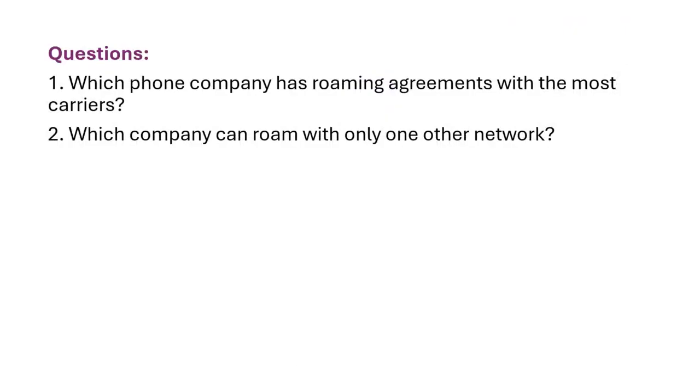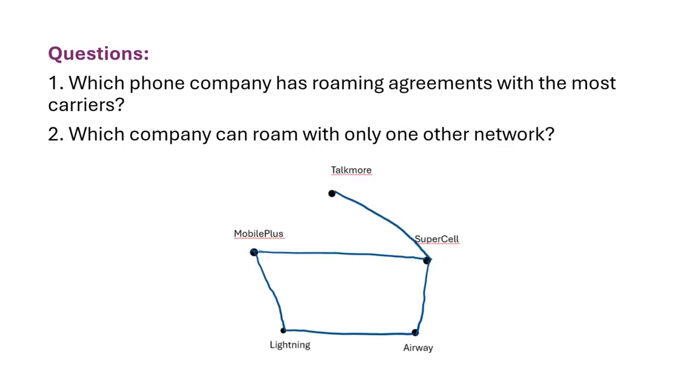And I have some questions to demonstrate this. Number 1, it says, which company has roaming agreements with the most carriers? Well, if I look at the graph, all I need to look for is the vertex that has the most connections. And if I look at all of them, like Talkmore, Mobile Plus, Lightning, Airwave, and Supercell, the only one that has three connections is Supercell.